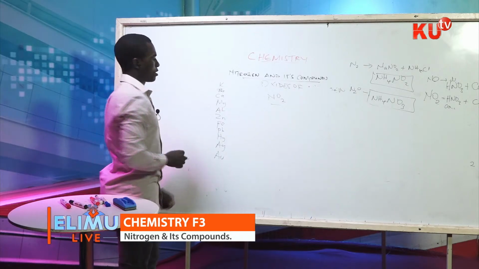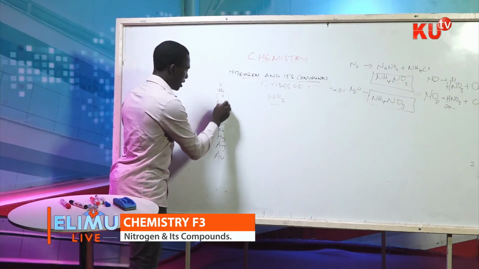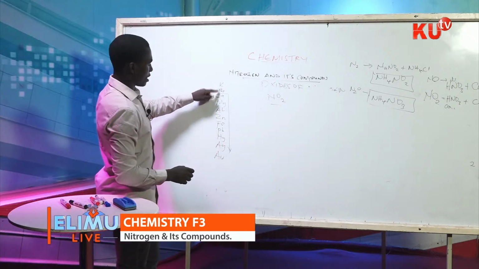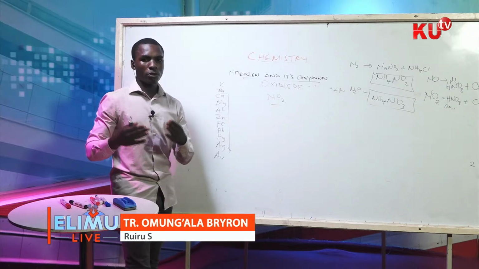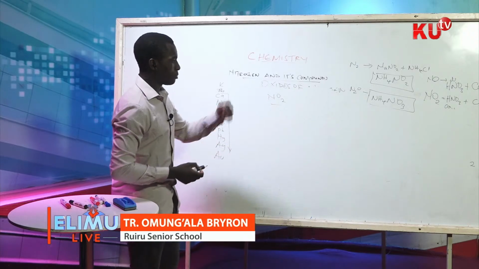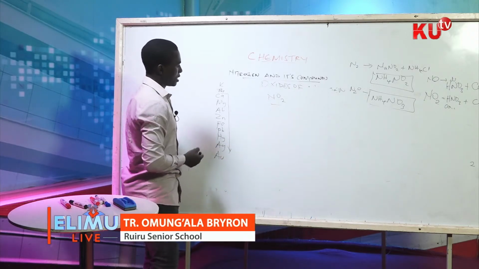So all those nitrates of elements below sodium downwards, if we heat them, if we put them under thermal decomposition, what will we obtain? We shall obtain nitrogen 4 oxide gas.